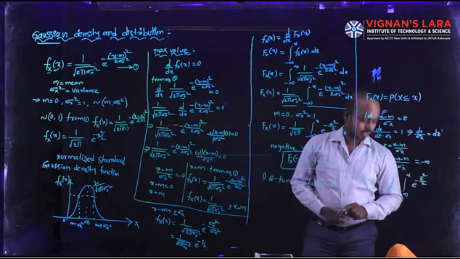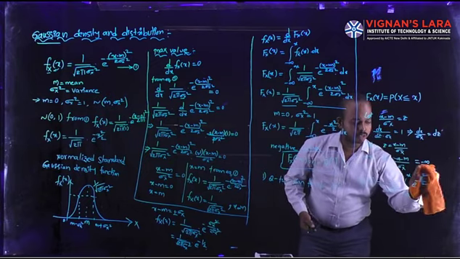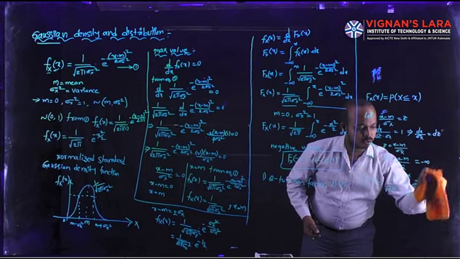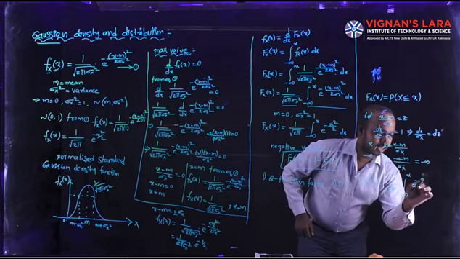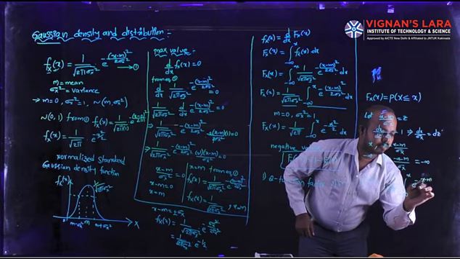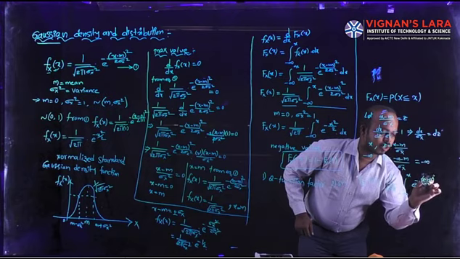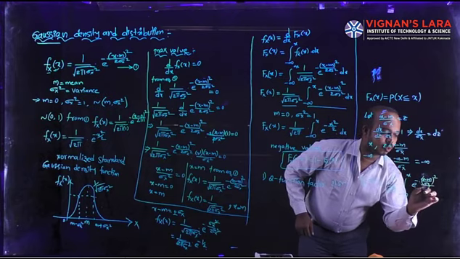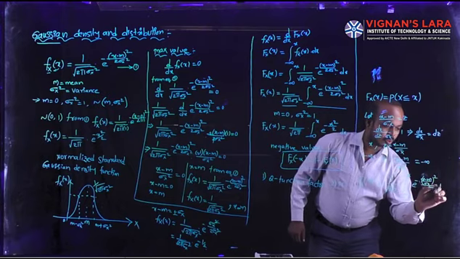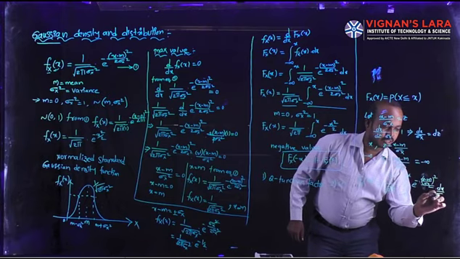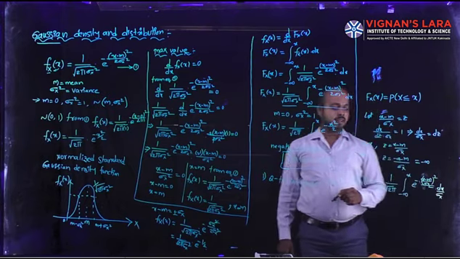Otherwise you can represent it in terms of x, e power minus x minus m by sigma x whole square by 2, into dx divided by sigma x.